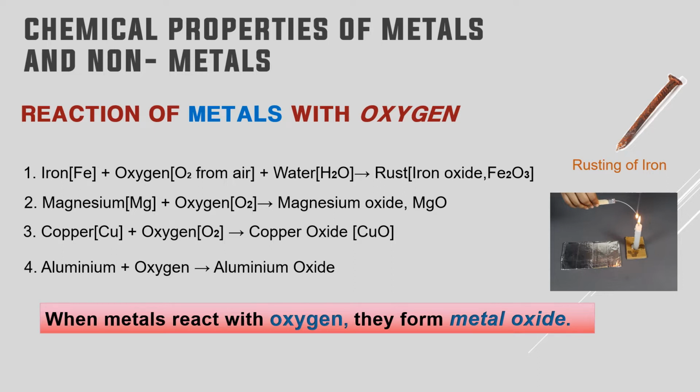But in the moist air, if we keep it for a long time, it will react with some other materials to form some green coating. The green material is a mixture of copper hydroxide and copper carbonate. So that green color means actually it is a mixture of copper hydroxide and copper carbonate.